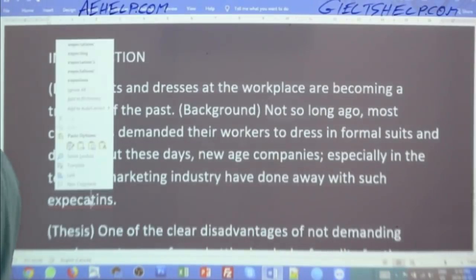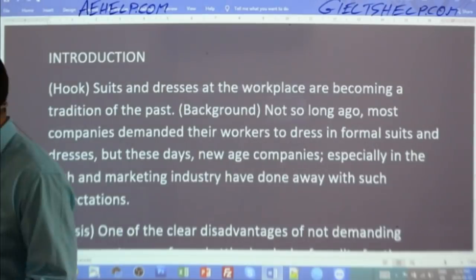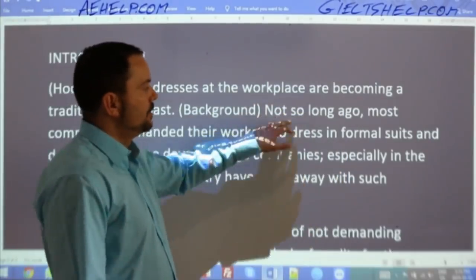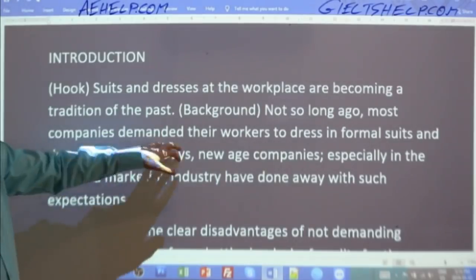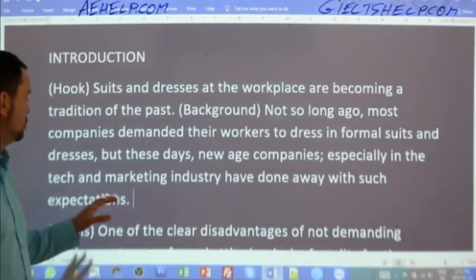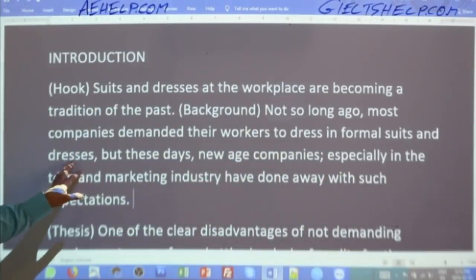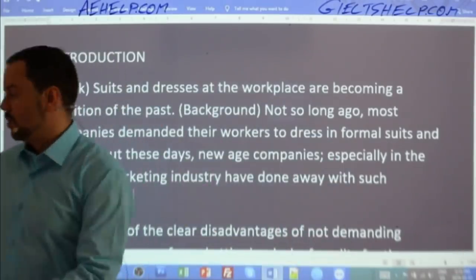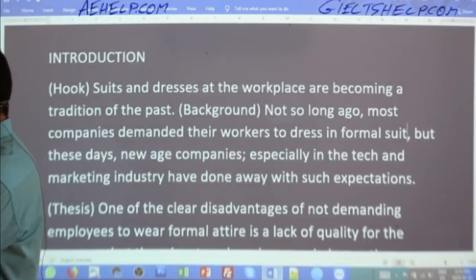So now I'm writing a little bit of a more complex high-level band 9 definition here because I always push you to learn, of course. Notice this highly complex sentence. So not so long ago, starting with the time expression, I'm actually linking into my hook here. Most companies demanded their workers to dress in formal suits and dresses. So formal suits, dresses, I'm explaining what this is. I have suits and dresses here, so I might take that out if I'm reviewing at home and say formal clothes or formal wear, because I already have it above.